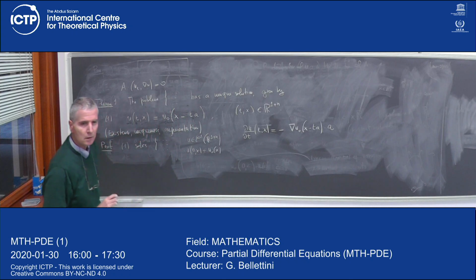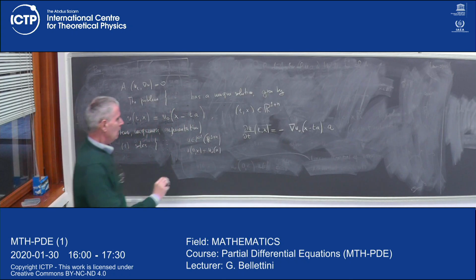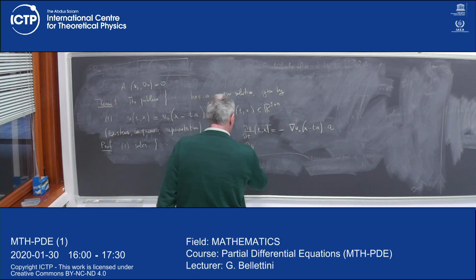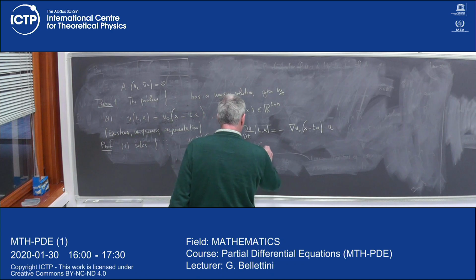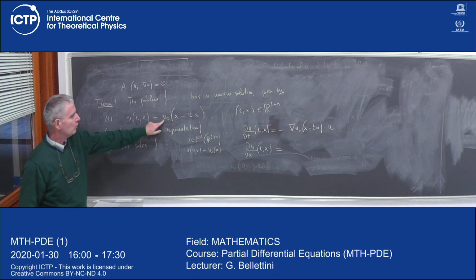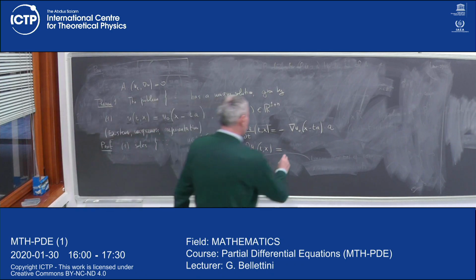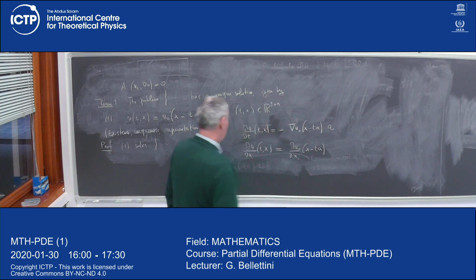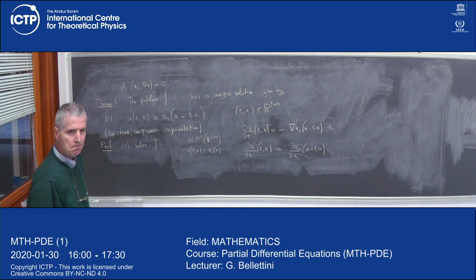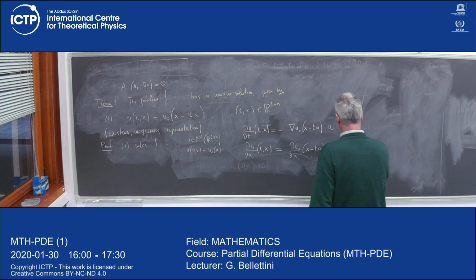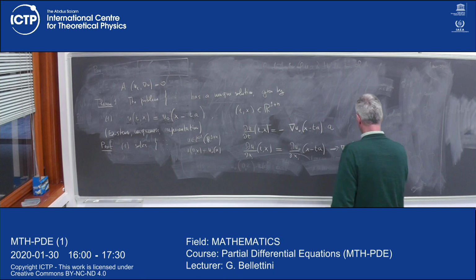Moreover, I compute the partial derivative with respect to x_i. What do I get? I get simply the partial derivative of u0. So this means that grad u in x is equal to grad u0.